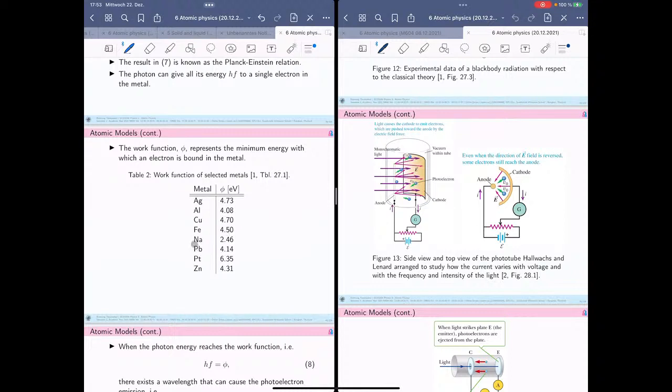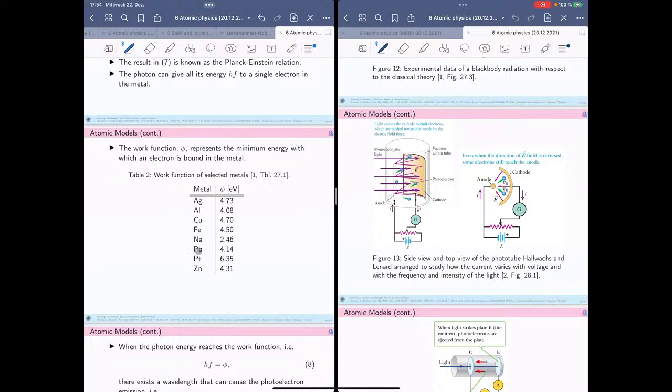And for sodium, it's not a metal like the others, and it has weaker bonding force, and that's why we get here the smallest amount of work function. You just put in the energy of only 2.46 electron volt, then the electron will be away from its original position or from its corresponding atom.